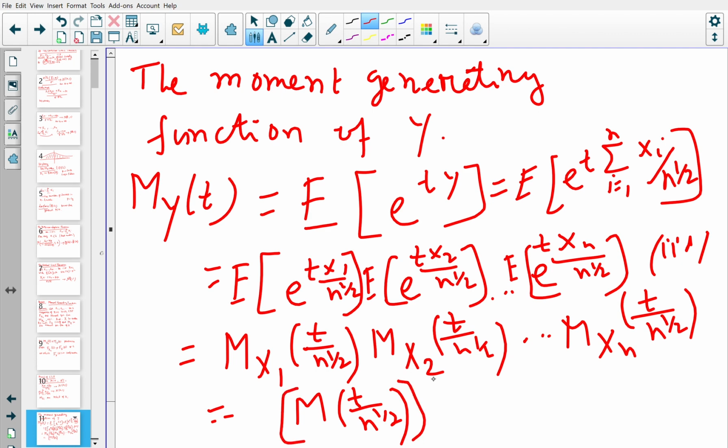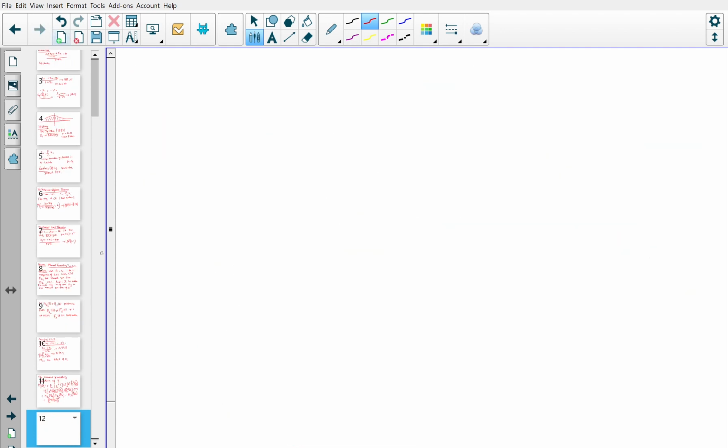So my moment generating function of y becomes the original moment generating function of the IIDs at the point t over n power half, to the power n, right? Now you would like to know whether this tends to the moment generating function of the standard normal or not, which is known obviously.